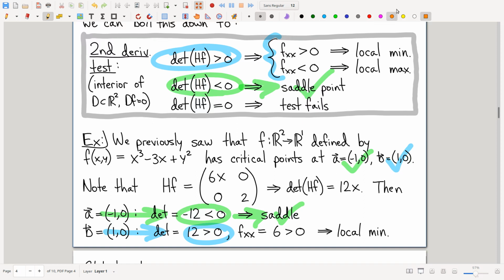And I need to know if fxx is positive or negative. Well, fxx, I can see right there, is 6, which is positive. And that tells me local min. Again, just following the table. Everybody see how that works? Real pluggy chuggy.